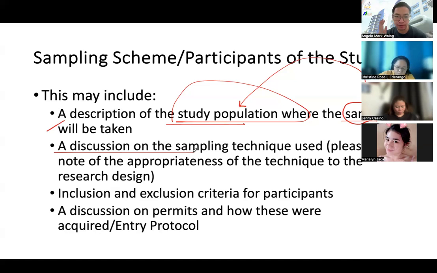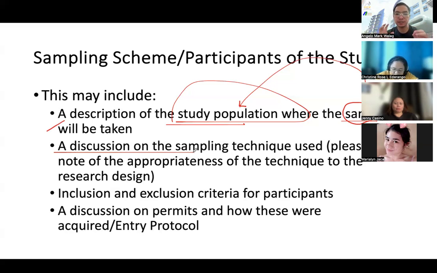The same with, for example, Mama Maria, who is doing document analysis. So your, quote unquote, sample here are the different documents, right? So what will be your inclusion and exclusion criteria? Will you be including memorandums only? Will you be looking at training designs, training programs? Will you also be looking at training guides or training lecture notes of the trainers and so on.